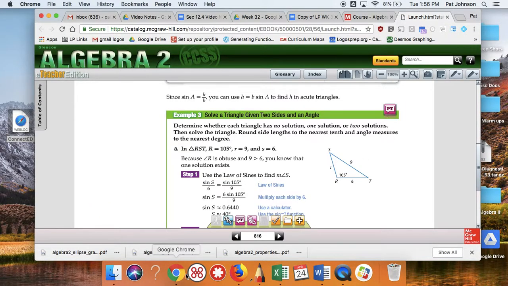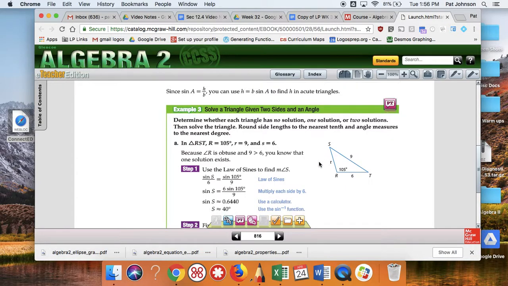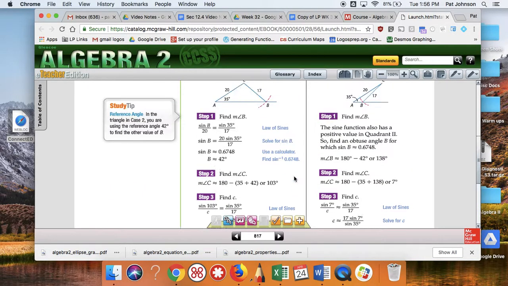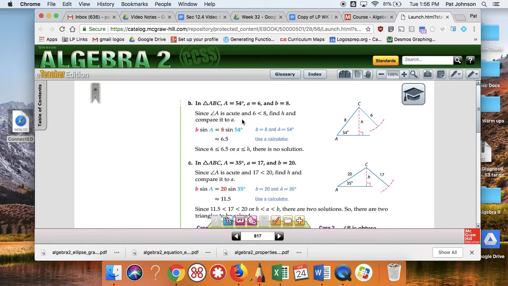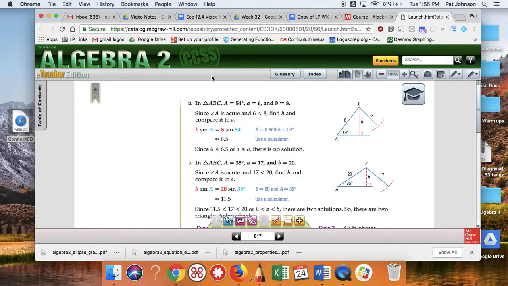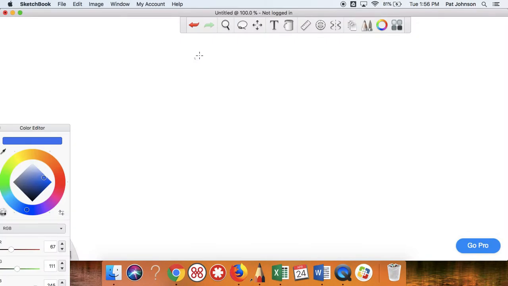So it sounds confusing, but you've got to keep straight the formulas. So let's look at example 3B. So they give you a triangle again. Okay, so they tell you triangle ABC.